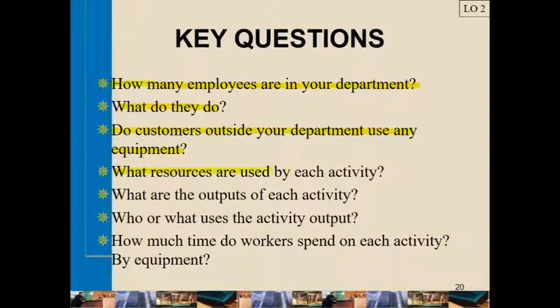Next question, what resources are used by each activity? So, in this case, activities consume resources in addition to labor. So, aside from manual labor, diri na mo come in ang katong imuhang mga equipment, machinery, supplies, diba?